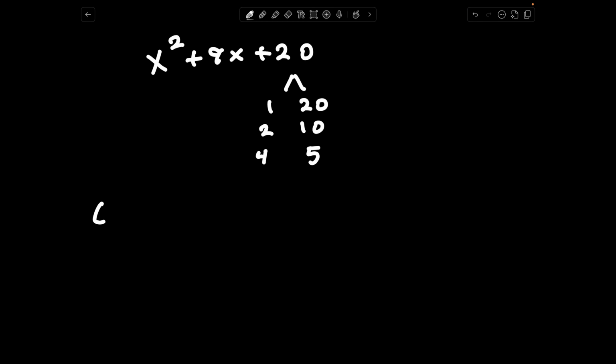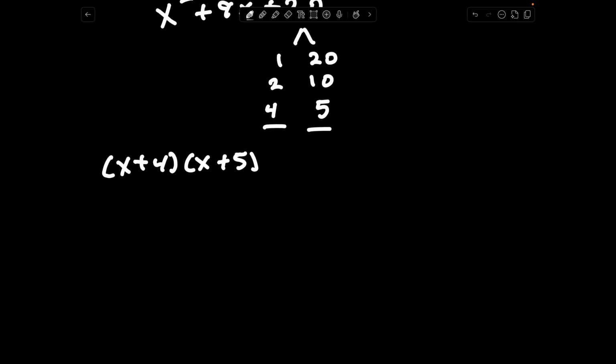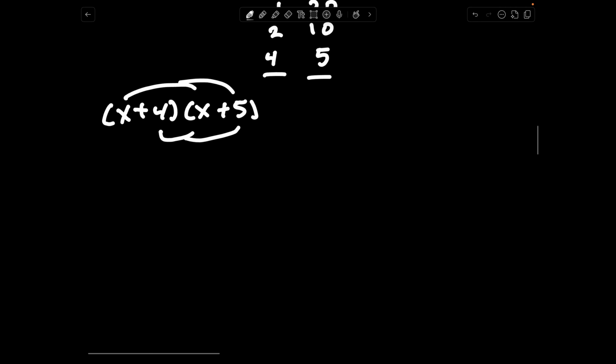So the process is the same. Always have the x plus or minus the first term, which is going to be plus 4. Have the x plus or minus the second term, which is going to be plus 5. Boom. And I'll go ahead and multiply this for you guys. First term times first term, second term times first term, second term times second term.